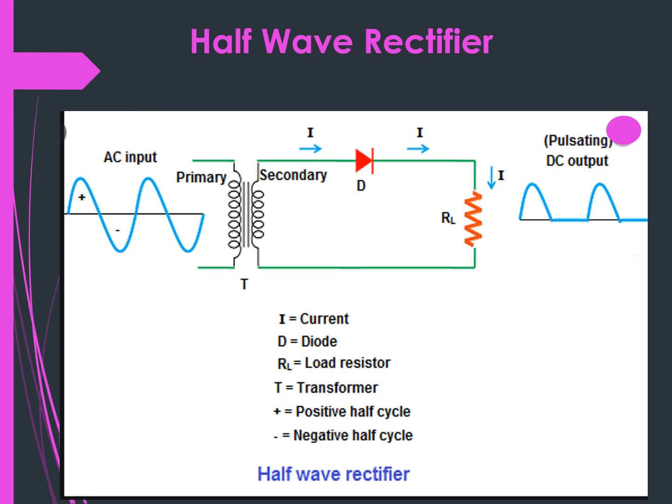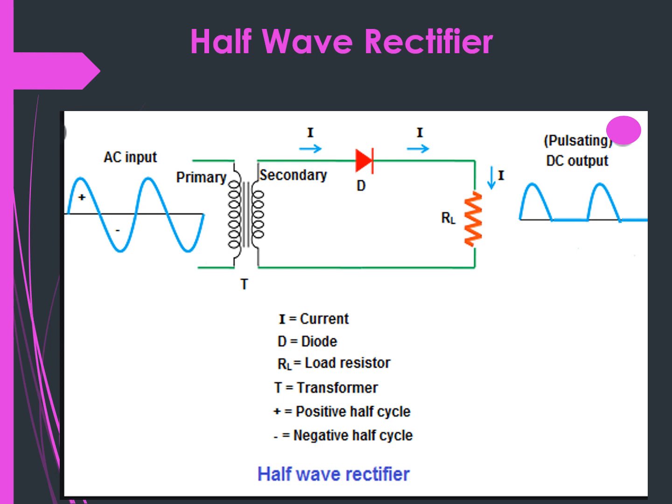Right? This is the principle. According to this principle, the half wave rectifier, the full wave rectifier, as well as the bridge rectifier depend on it. So forward bias means the current will flow through it, reverse bias means no current will flow through it.